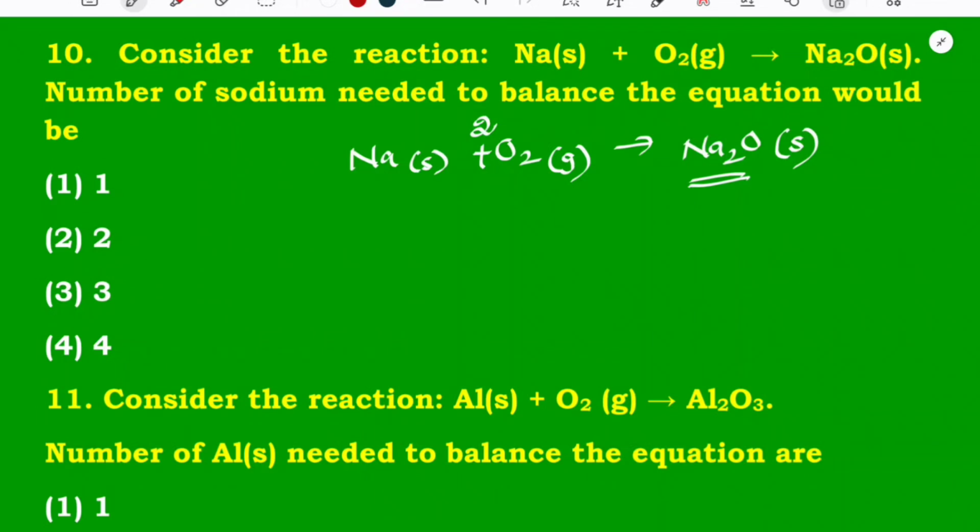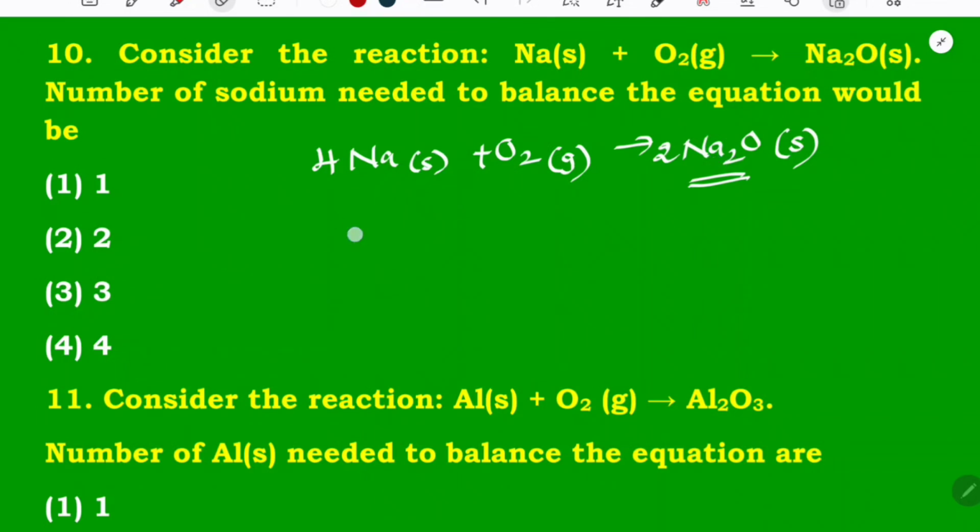2Na2O. Okay. So then how many sodiums? If we keep 4, just the rectangle method. Is that correct? Now you can check the sodium atoms.